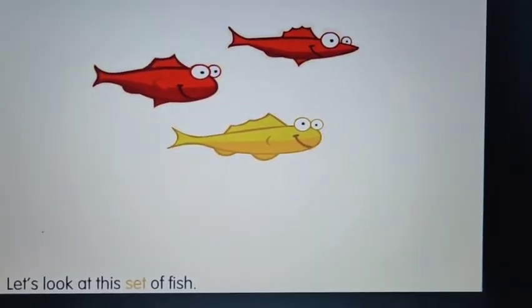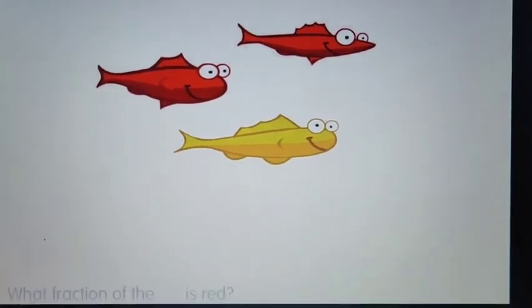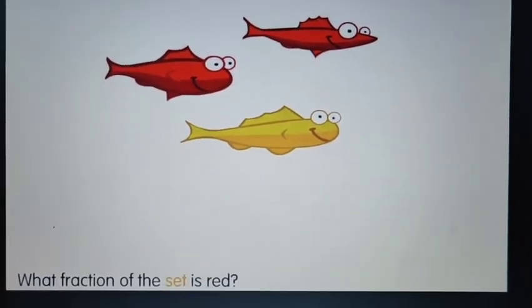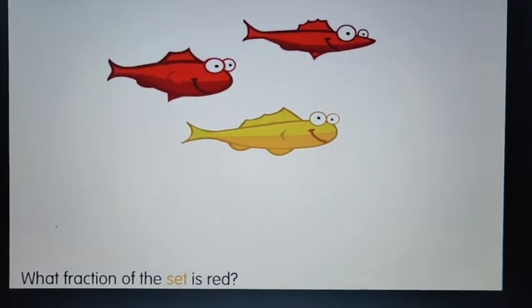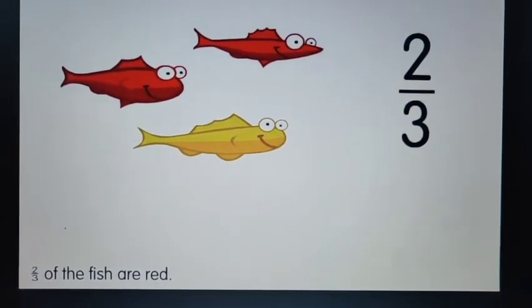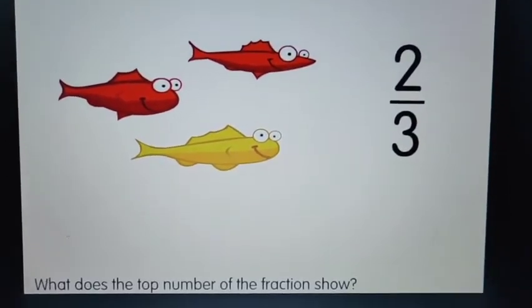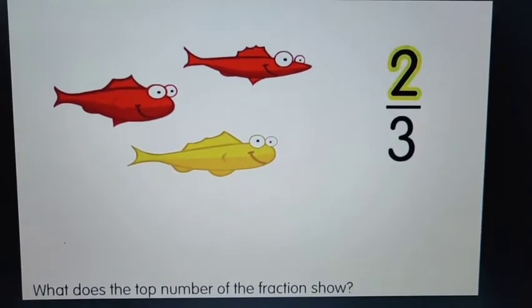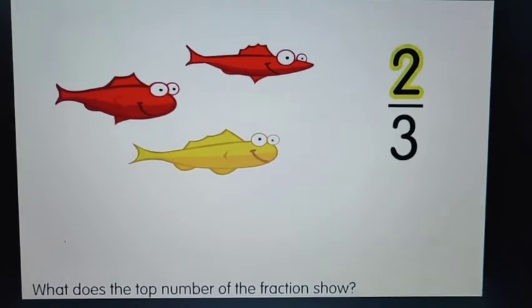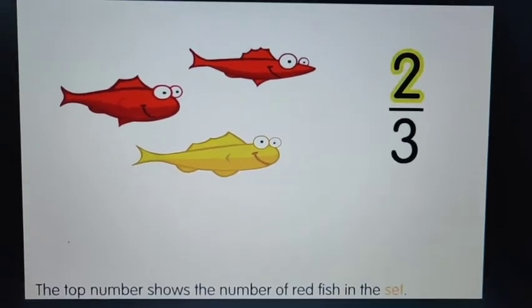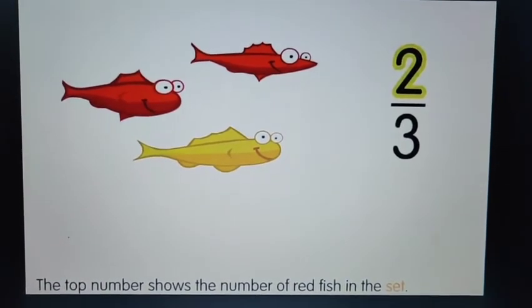Let's look at this set of fish. What fraction of the set is red? 2/3 of the fish are red. What does the top number of the fraction show? The top number shows the number of red fish in the set.